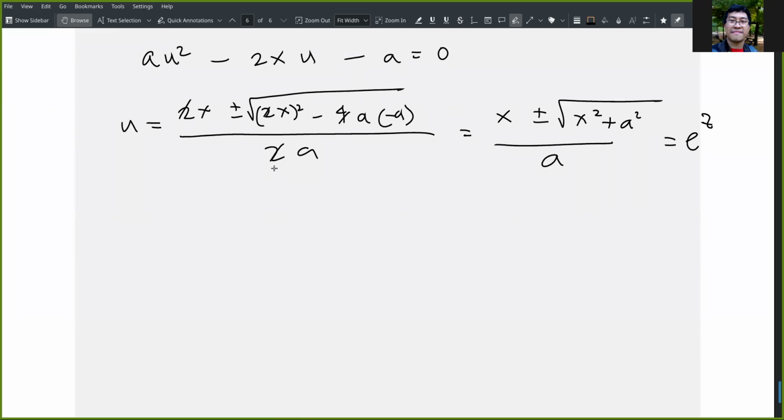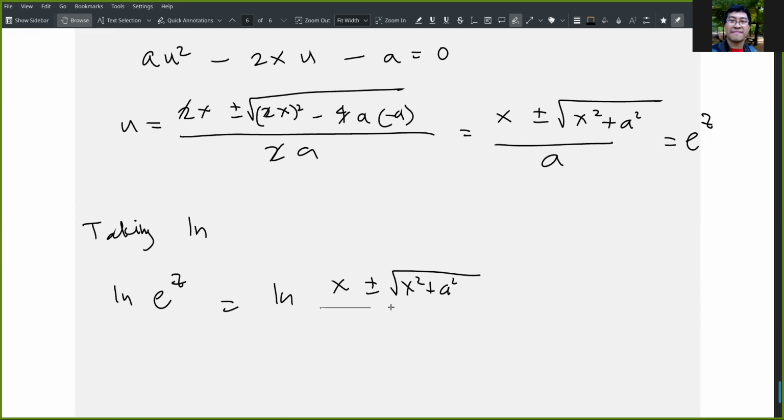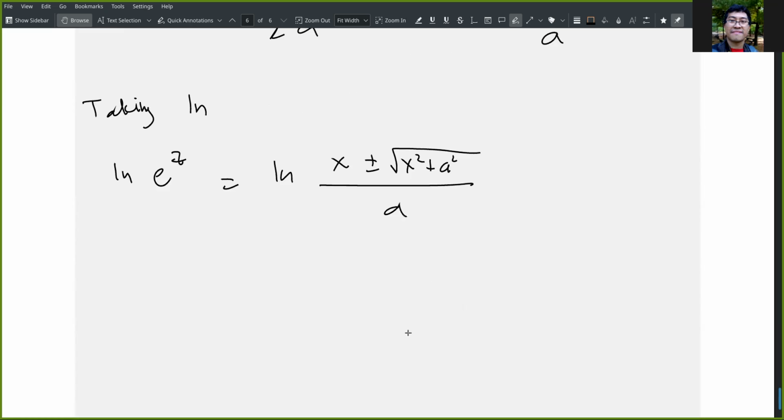Okay, so if we take the logarithm on both sides, you have ln of e to the power of z equals ln of x plus minus square root of x squared plus a squared over a.